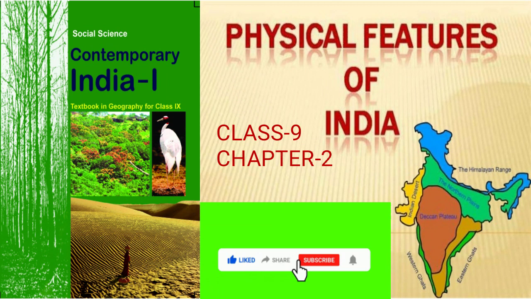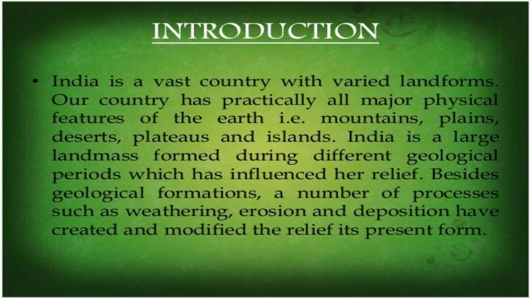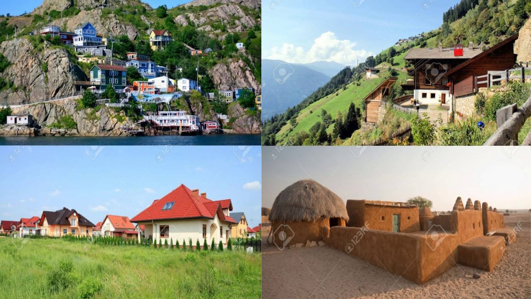Here we have to understand, you have already learned earlier that India is a vast country with varied landforms, that we all know. So if I take an example, what kind of terrain do you live in? If you live in the plains, you are familiar with the vast stretches of plain land. You can see in the picture of the first one.